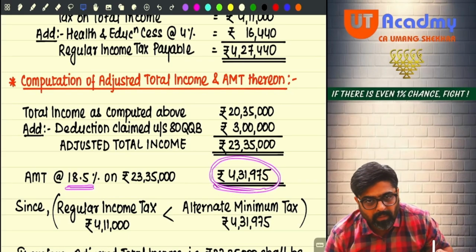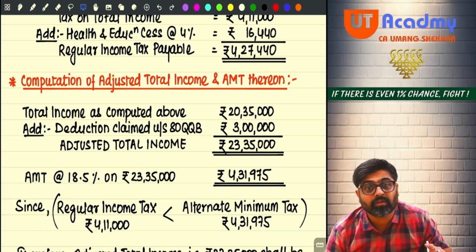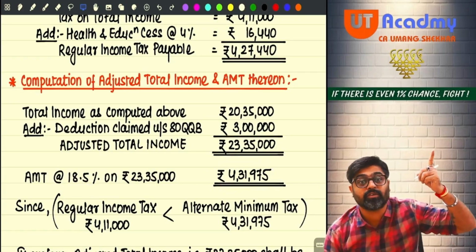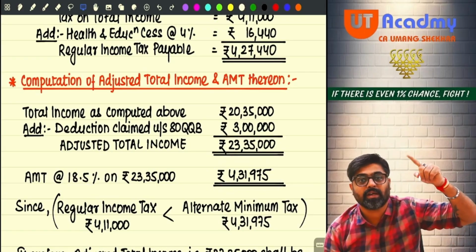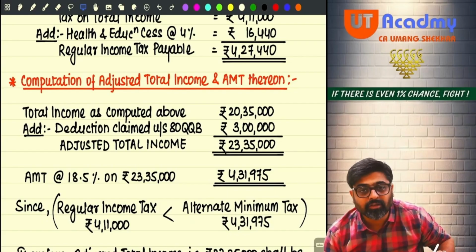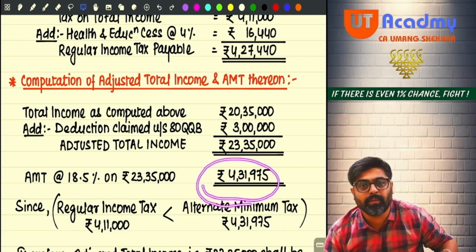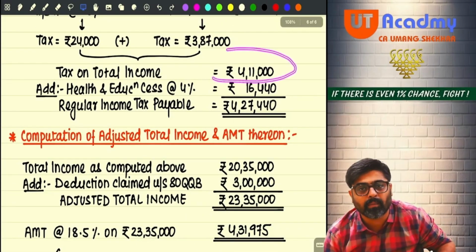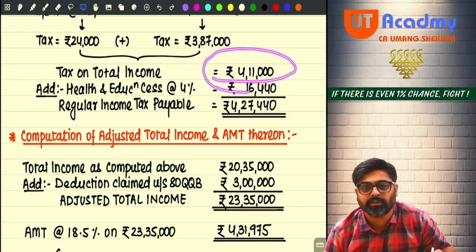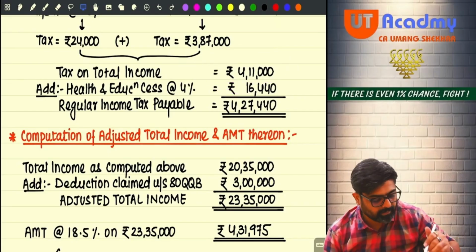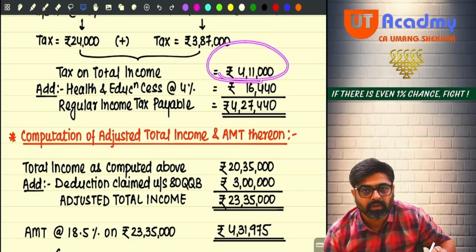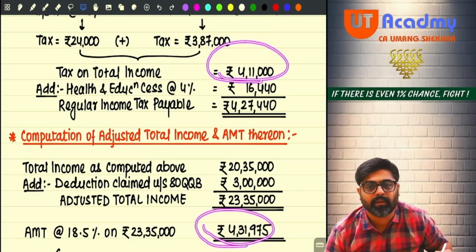So if you want to compare this amount, you will always compare with the regular tax, which is without surcharge and cess. Meaning this basic AMT will be compared with your basic amount of tax. Yes or no? So whenever the comparison happens, it is between this and this.